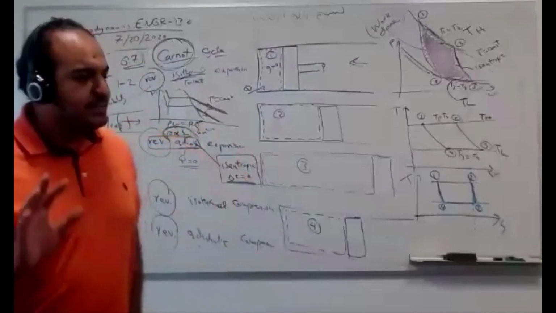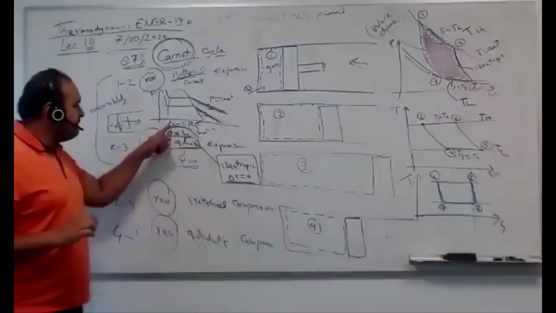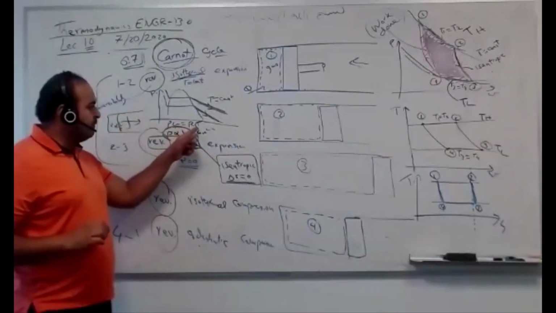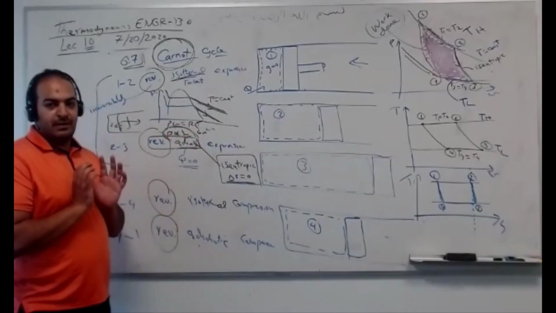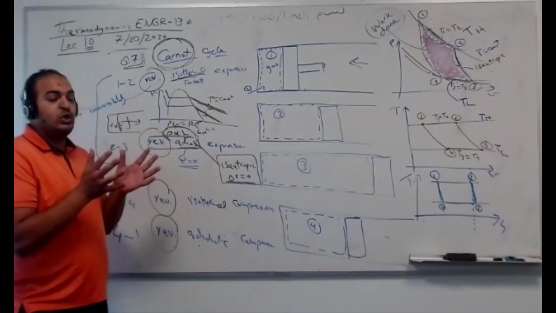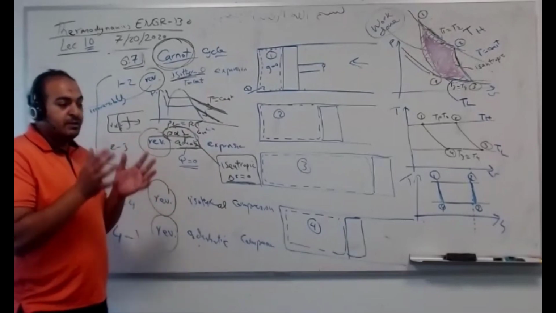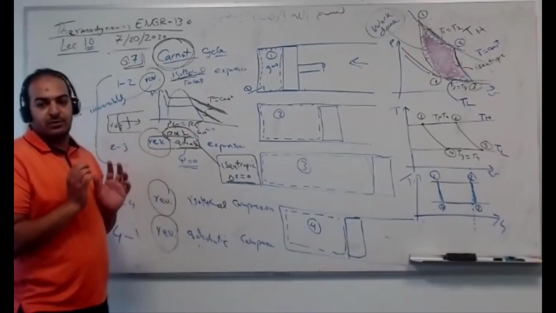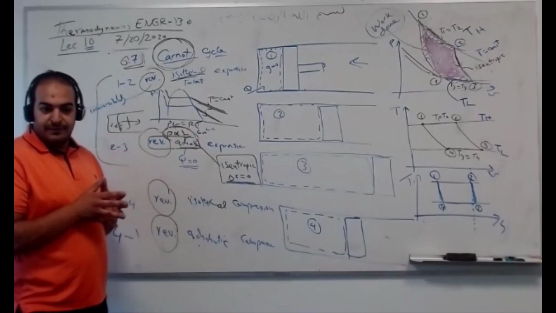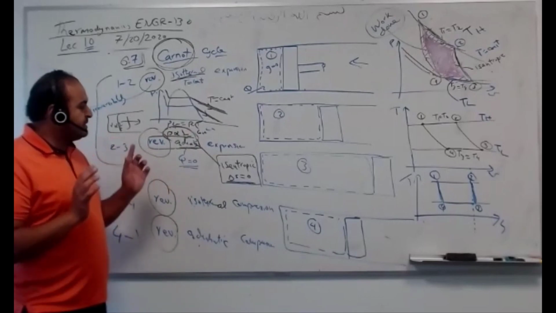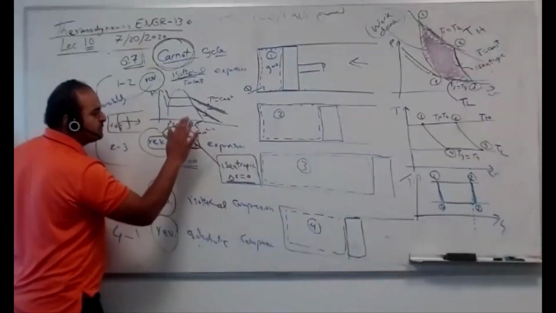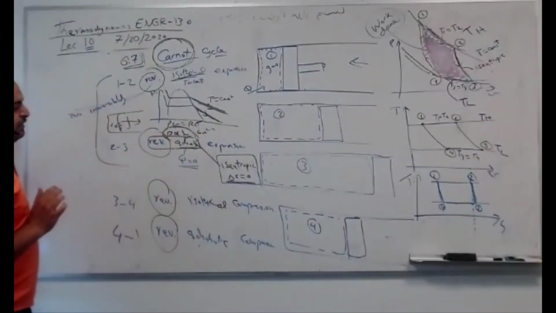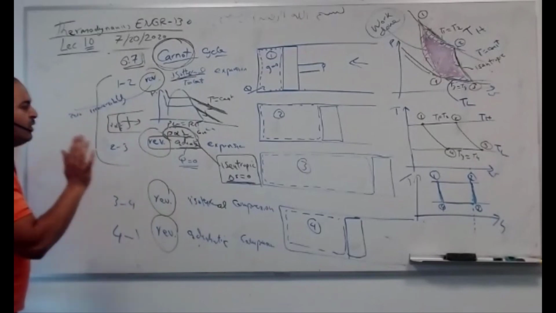So for 2 to 3, let's do it this way. Look, PVT: pressure and temperature are proportional to each other. Correct? If the pressure increases, usually temperature increases. If the temperature increases, usually pressure increases. It means if V is constant, P is of course proportional to T. I think this is Charles's law.